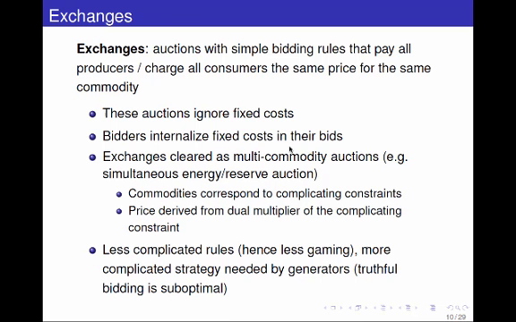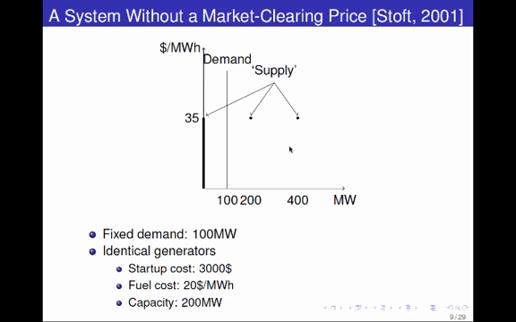Okay, what is one heuristic? One heuristic is basically what I just described. The system operator says, I'll forget about people's startup costs and let them bid in the way that I just described.